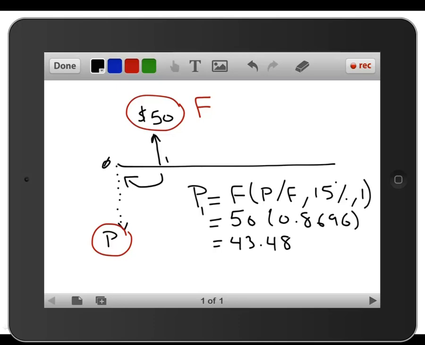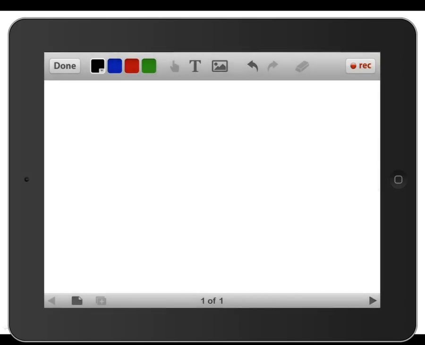Okay, now I'm going to clear the page and find P for the second group. Now remember that the second group starts from year 2, so I have 2, 3, and 4.